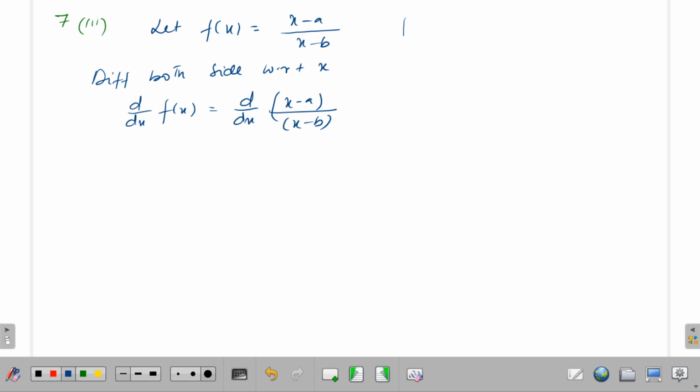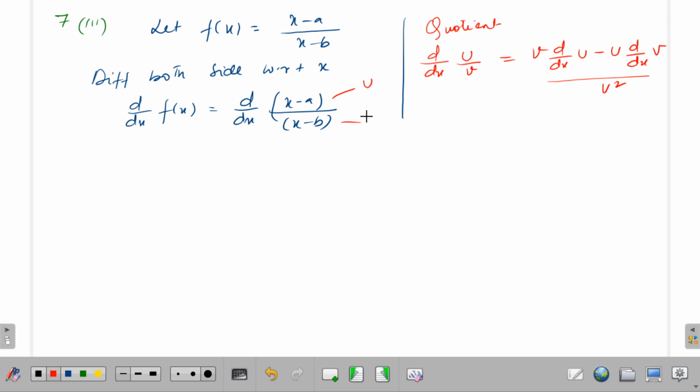Now, if you can look, that's nothing more than, I would say, your quotient rule. Why your quotient rule? Because there's a divided sign. So your quotient rule means d by dx of u divided by v, which is v d by dx of u minus u d by dx of v divided by v squared. So your u is this and your v is that.